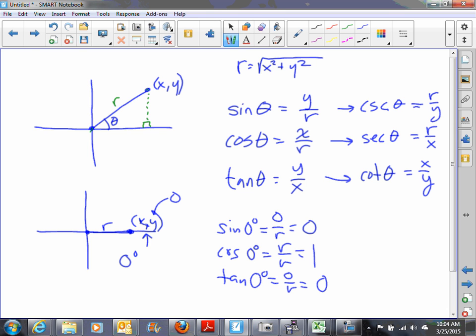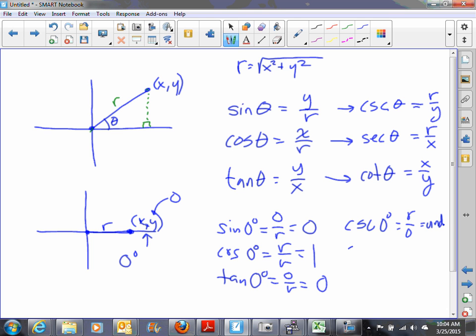Now, the cosecant of 0 degrees turns out to be r over 0, which is undefined.